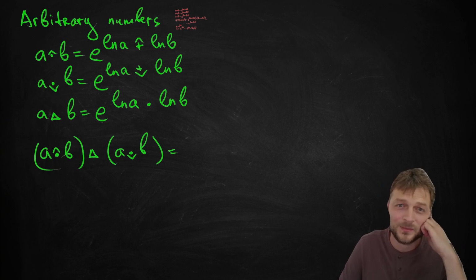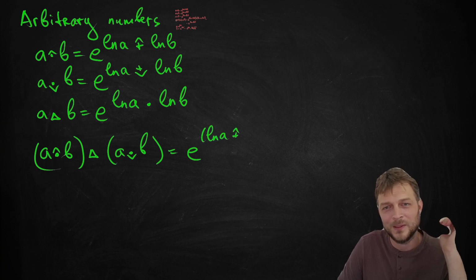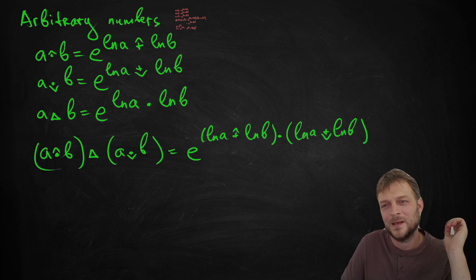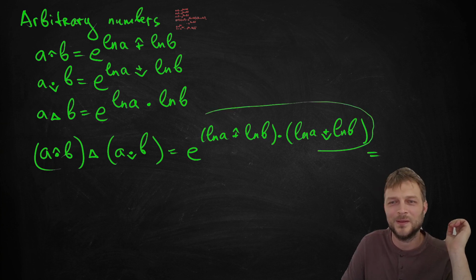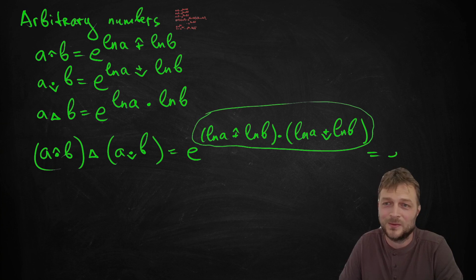If we substitute e to the power ln a plus ln b multiplied by ln a plus ln b, and we know from our multiplication and addition and dual addition spaces that this is equal to ln a multiplied by ln b.